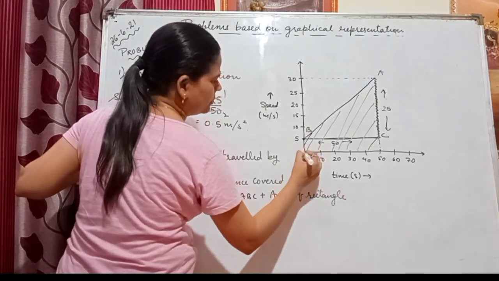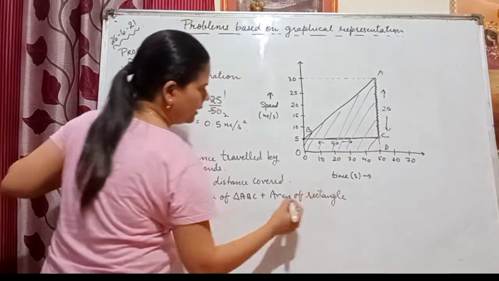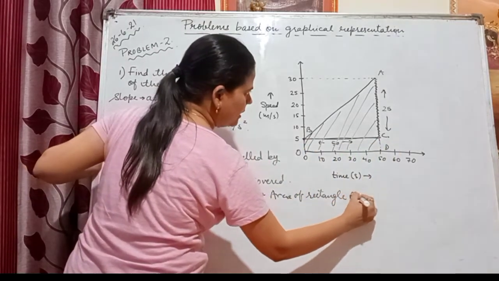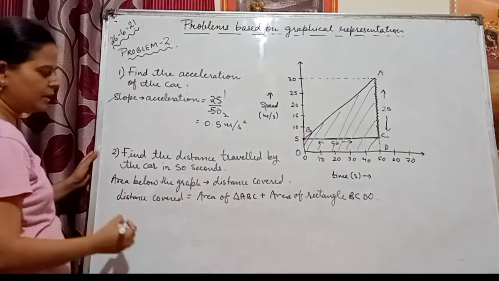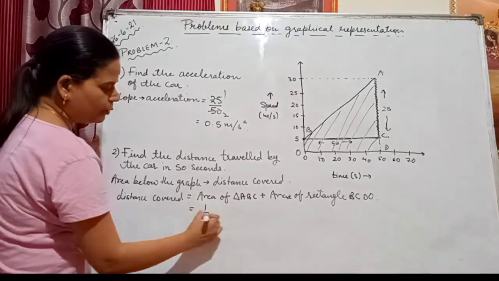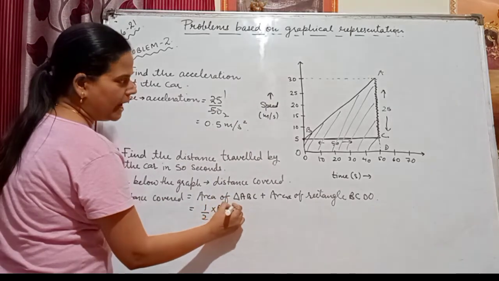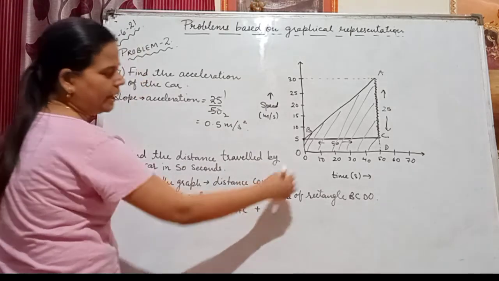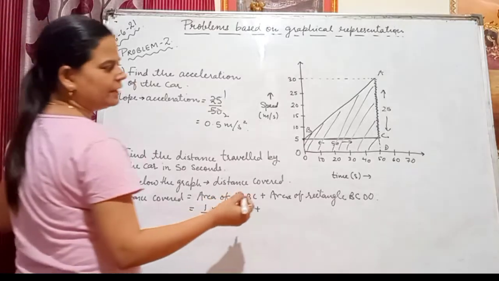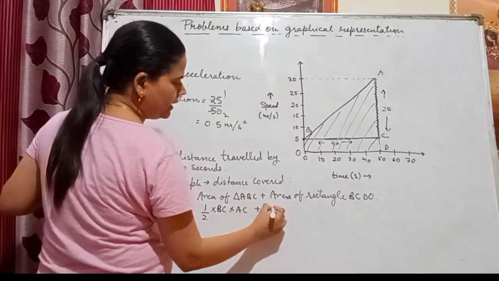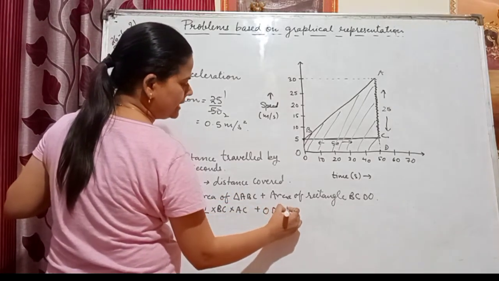Let us give the names O and D to this rectangle, BCDO, right? So area of triangle is 1/2 into base into height. For ABC, base will be BC and height will be AC. Similarly, area of rectangle will be L into B, that is length into breadth. So length will be OD and breadth will be DC.